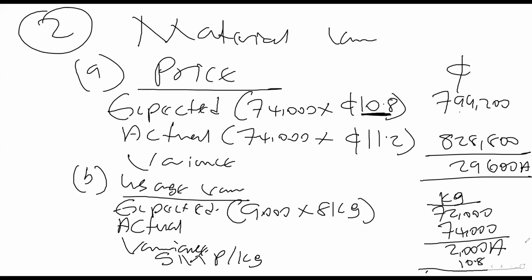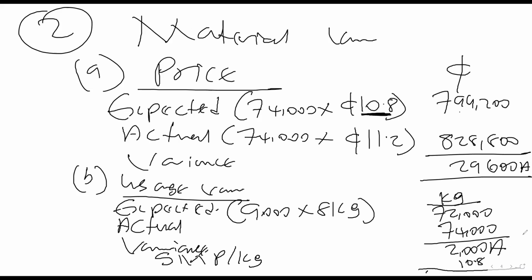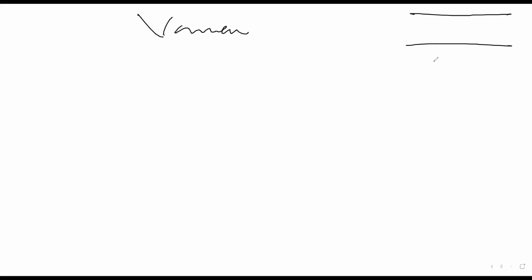Let me write the answer here. 10.8 times 2,000 gives 21,600, and it's still adverse.